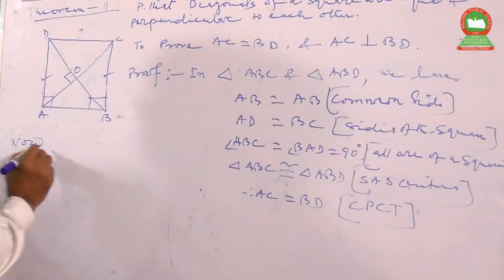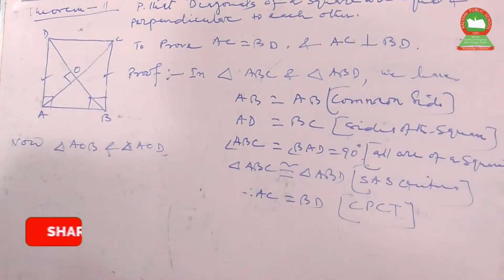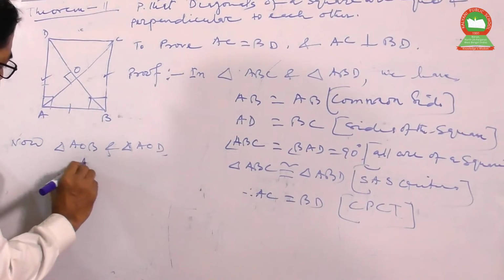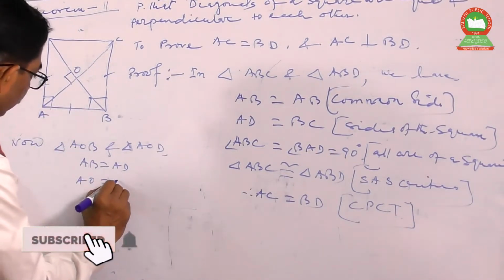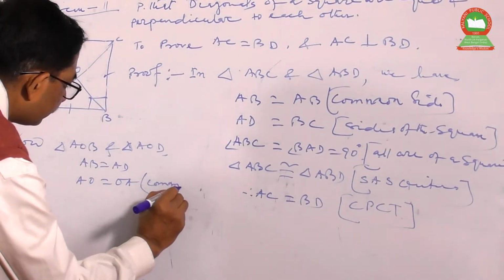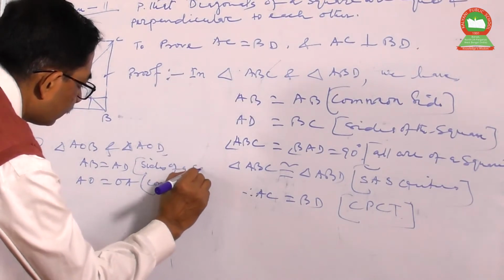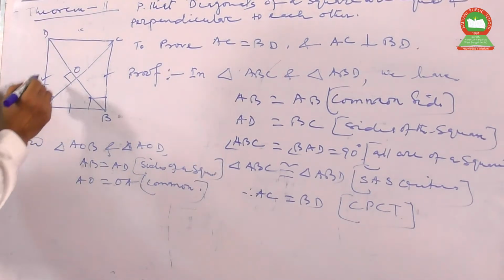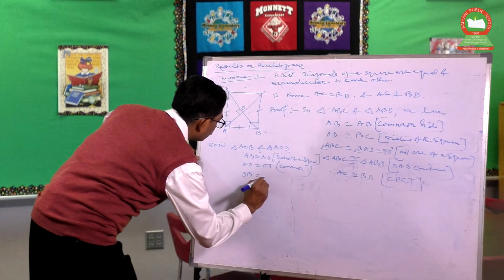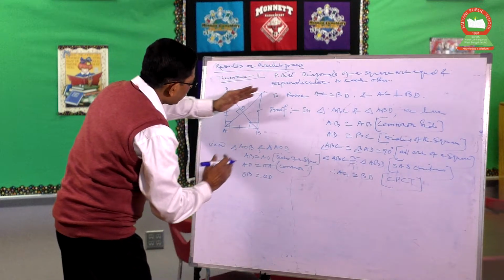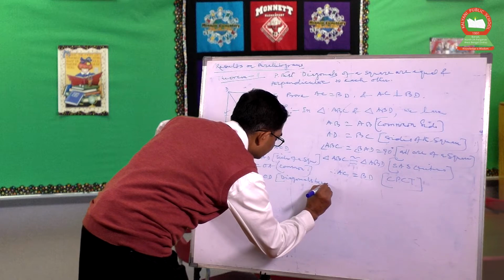Now in triangle AOB and triangle AOD, these two triangles, here this is equal to this, that is AB equals AD, the sides of a square, and OA equals OA, this is common, and OB equals OD, because the diagonals bisect each other.